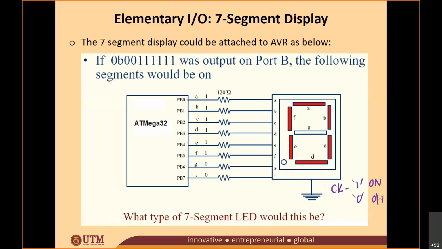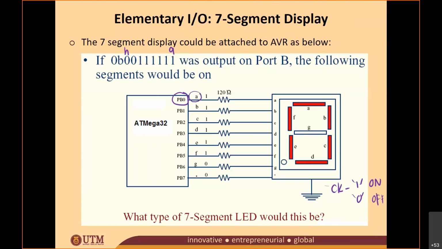If 0B00111111 was output from your port B, you need to find out what character will be displayed on your 7-segment. First, this is your PB0, and PB0 connects to your A. So this is your A, and then this is your H.